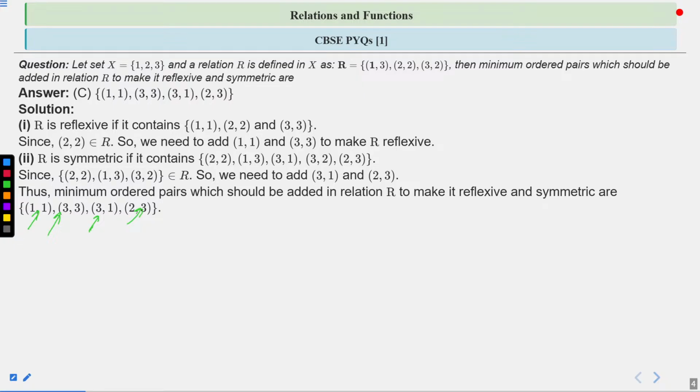So we just have to add (1,1), (3,3), (3,1) and (2,3).